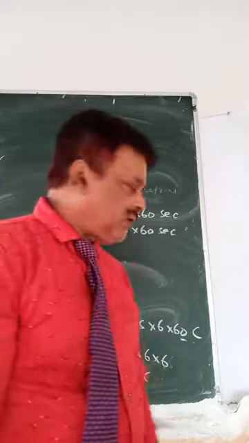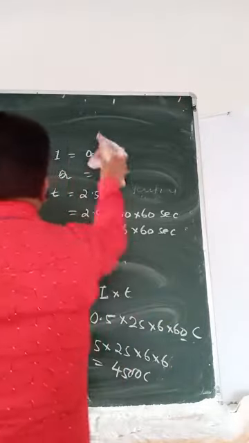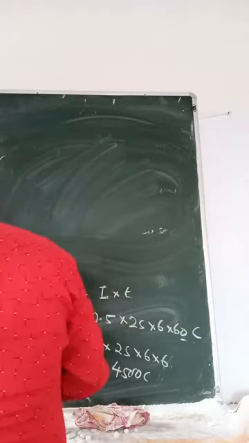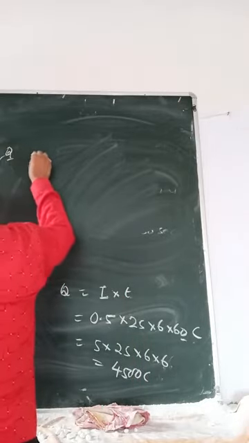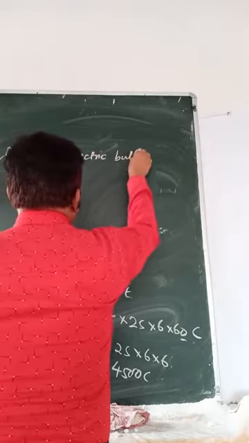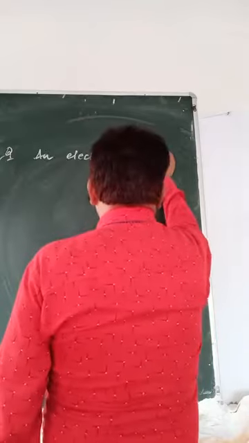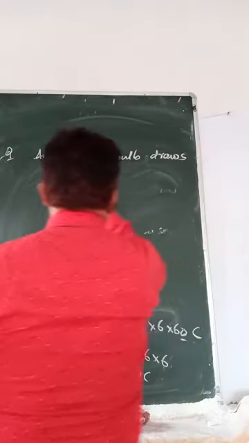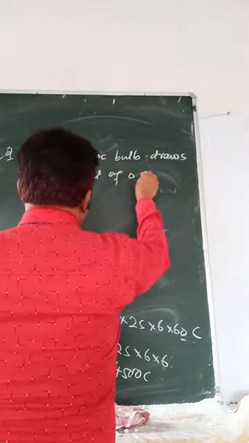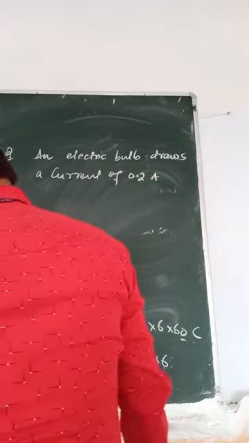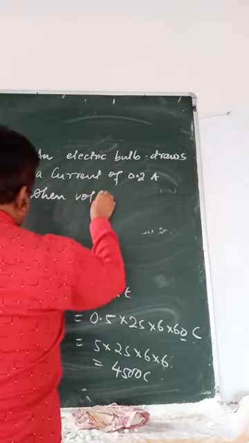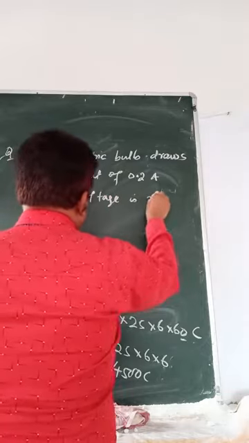Okay. You can take one more question on this. An electric bulb draws a current of 0.2 ampere when the voltage is 220 volt.